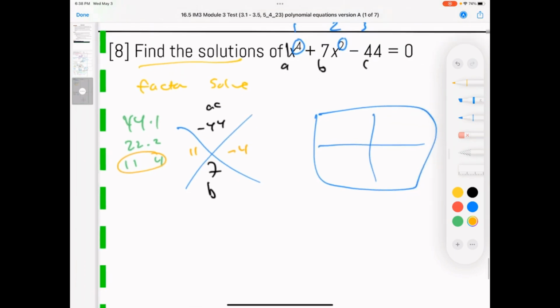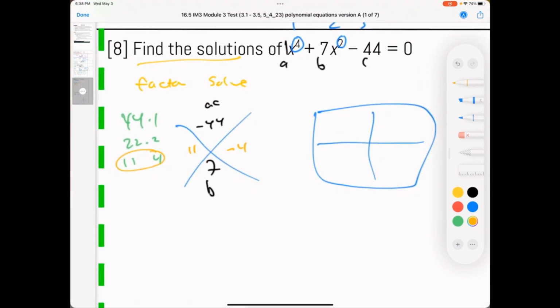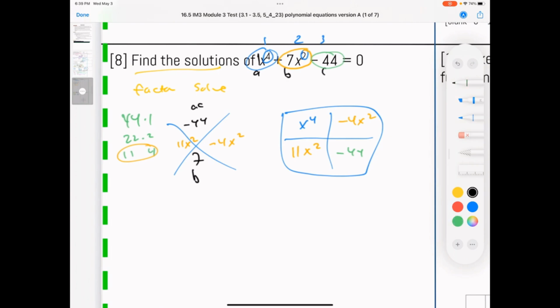And negative 4. Remember that is splitting this term here. So I'm going to put 11x squared and negative 4x squared. X to the 4th and negative 44. X squared, it's going to be 11 and then negative 4.